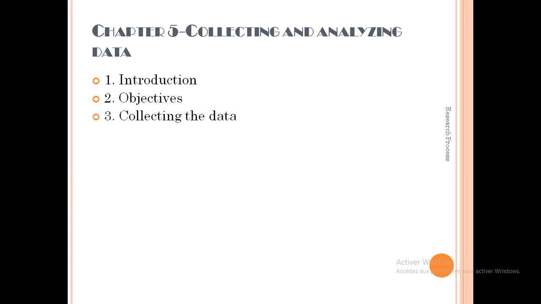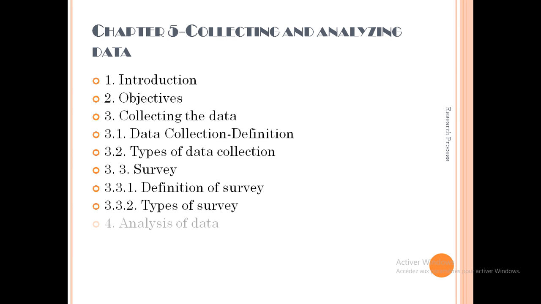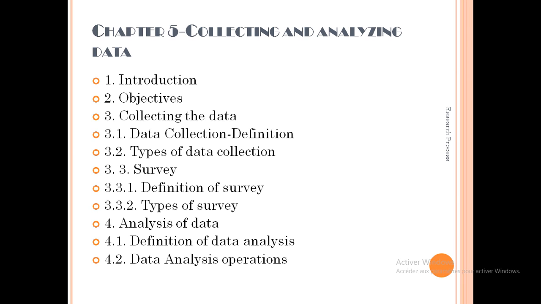Then we need to define the data and propose or highlight the types of data collection, defining survey and the types of survey, and also analyzing. The second step is analyzing data. Also, we have to define what is data analysis and what are the main operations conducted in data analysis.